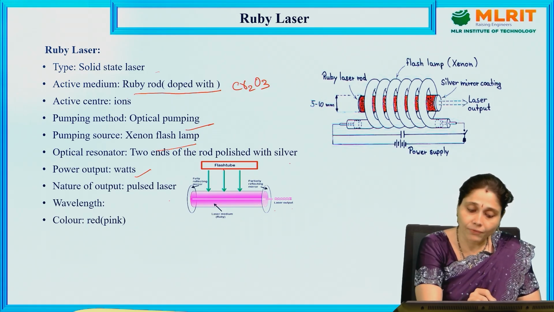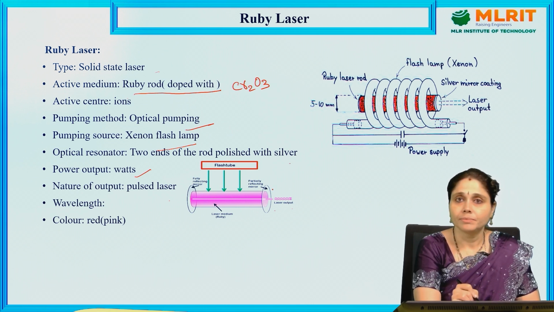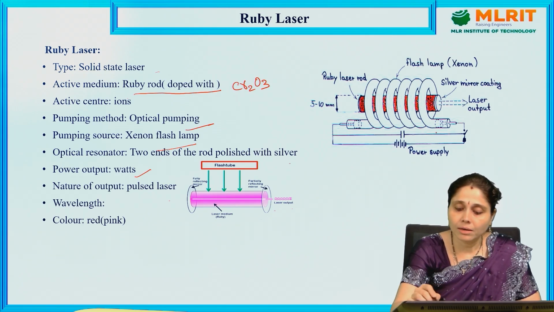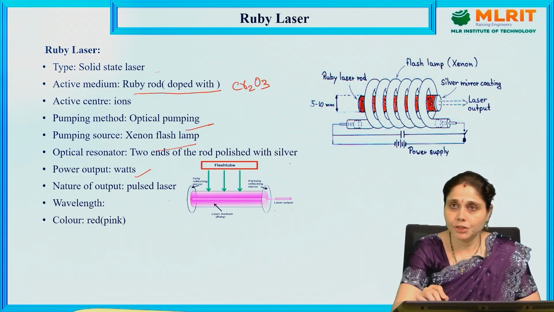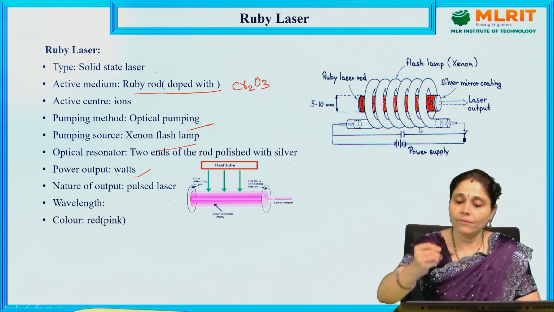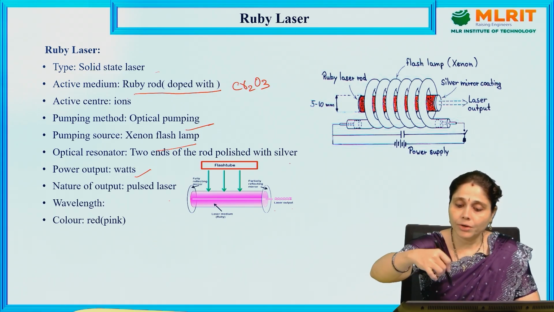Okay, the flash tube flashes here. This is a fully reflected mirror. This is partially reflected mirror. Okay, now this is the diagrammatic representation of a ruby laser. What does it consist of? It consists of helical xenon flash lamp. Helical means curved flash lamp, curved tube will be there.